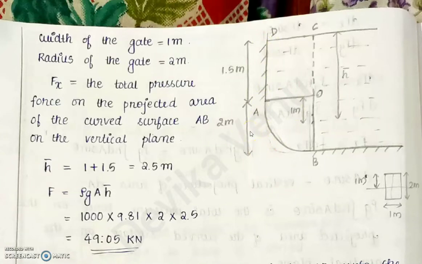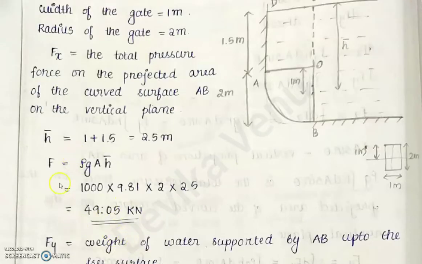Considering the projected area as a vertical plane surface, the centroid distance of a rectangular plane surface will be 1.5 plus the exact center, that is 1.5 plus 1 meter, which is 2.5. Substituting the values, you will arrive at the answer 49.05 kilonewton. So that is the Fx value.